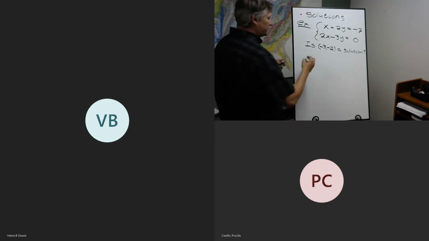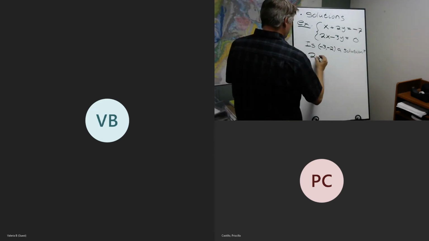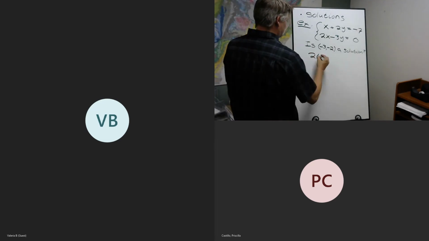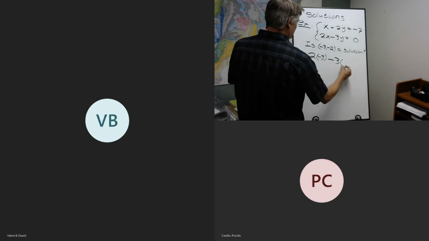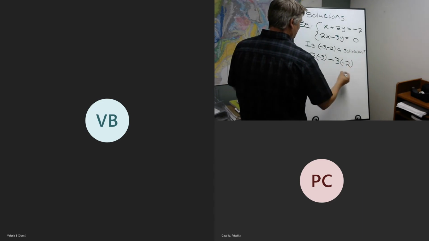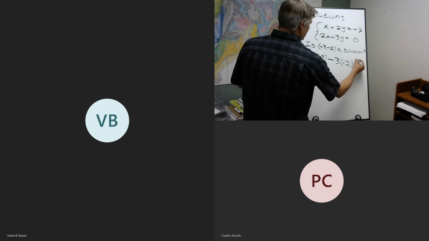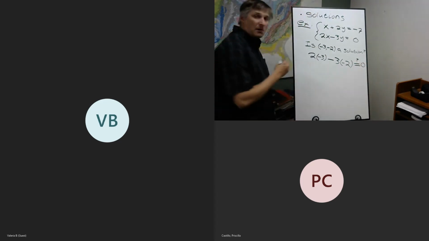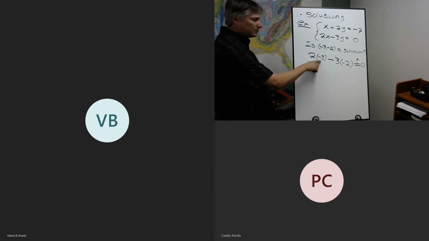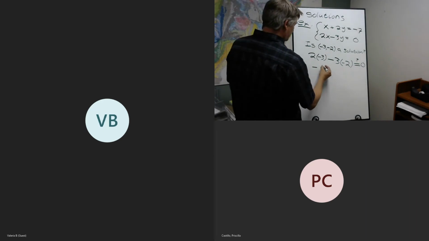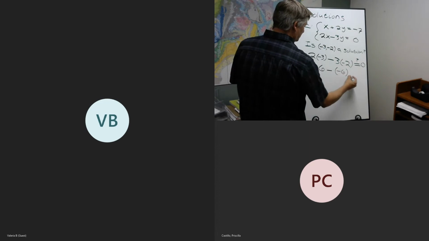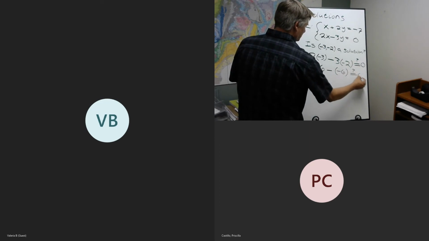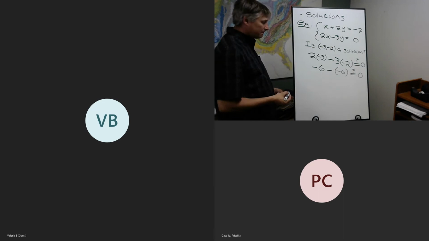So again, x is -3. -3 times -2. Does this equal 0? Well, 2 times -3, -6, minus 3 times -2, plus 6. Is this going to equal 0?